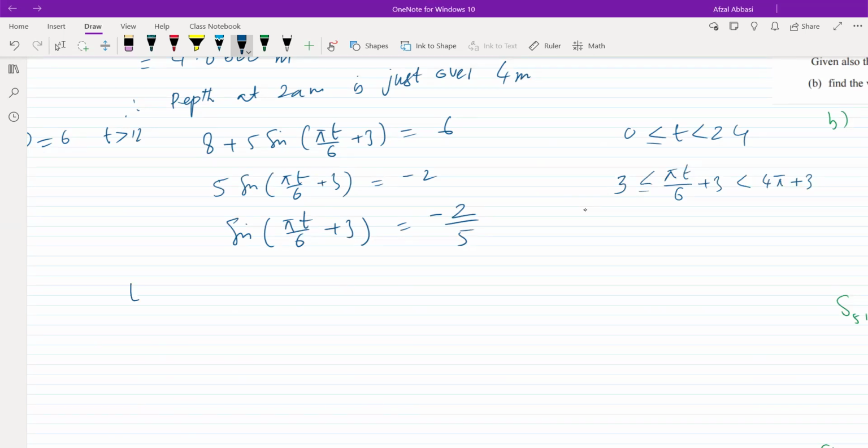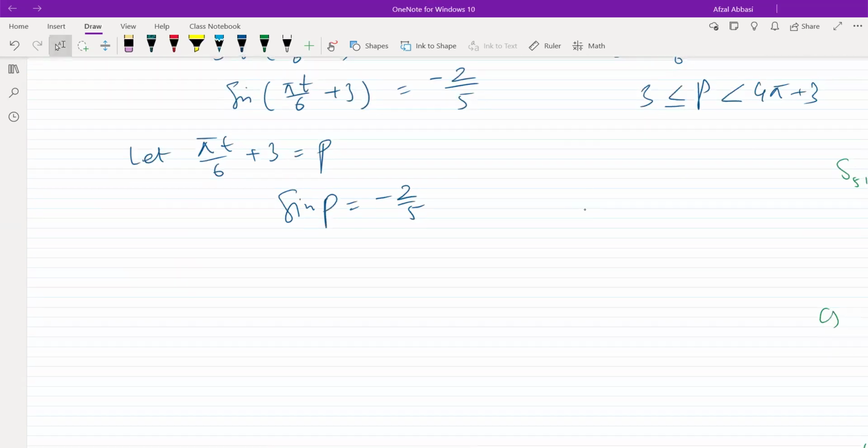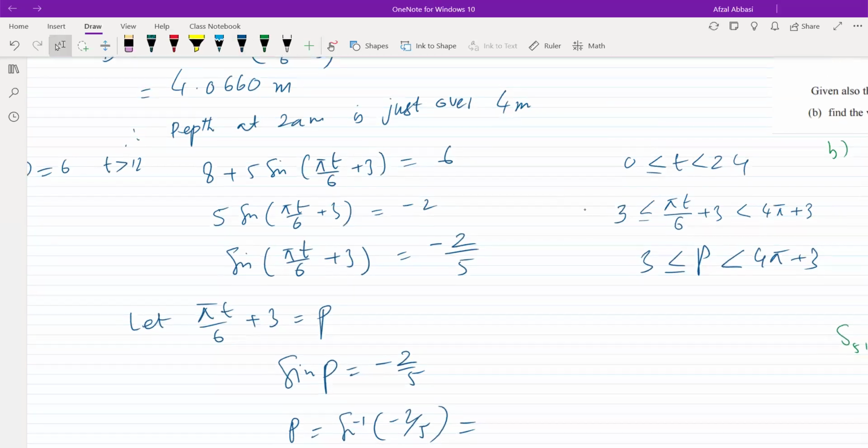So let's call the expression pi t over 6 plus 3 equal to p. It means the values of p are in this range, and our equation becomes simple: sine p equals negative 2 over 5. Now let's see how to solve this. We'll find the first value by calculator: sine inverse of negative 2 over 5. Remember that we are talking in terms of pi, so it should be in radians, not degrees.